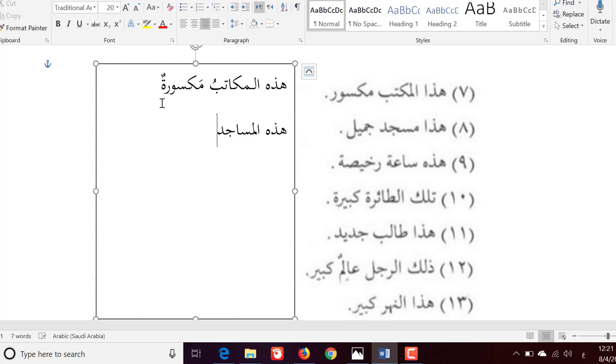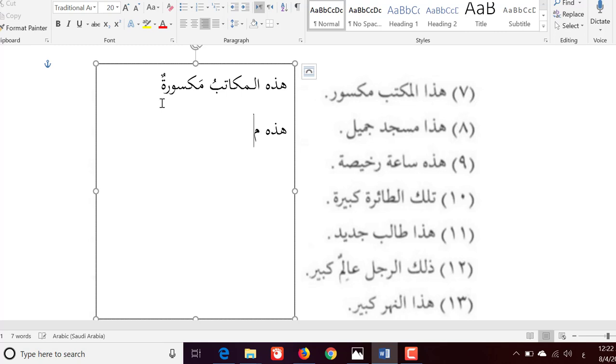And this form مفاعل is ممنوع من الصرف. It doesn't take kasra and it doesn't take tanween under normal circumstances. So the first one is these desks are broken, but here we have هذا مسجد جميل. So you saw I made that mistake to begin with.